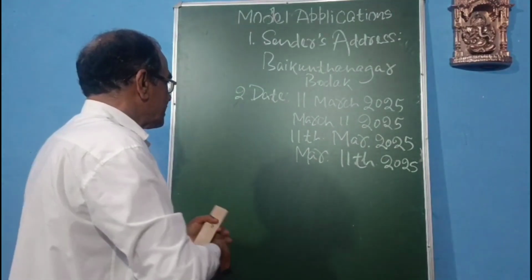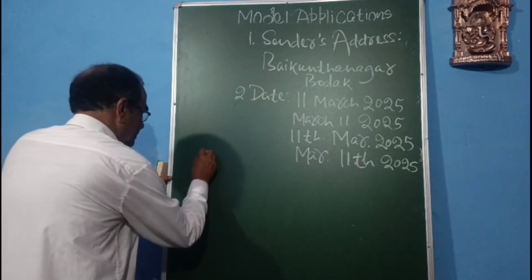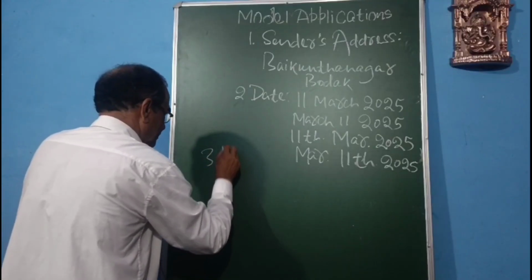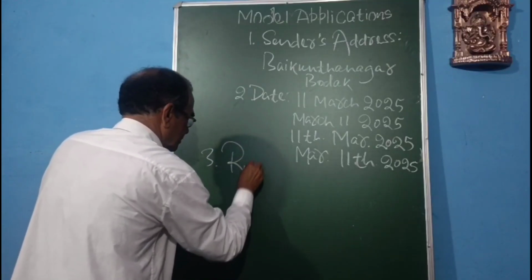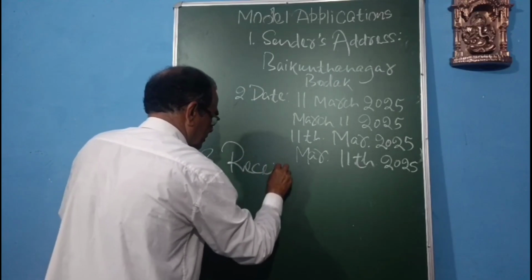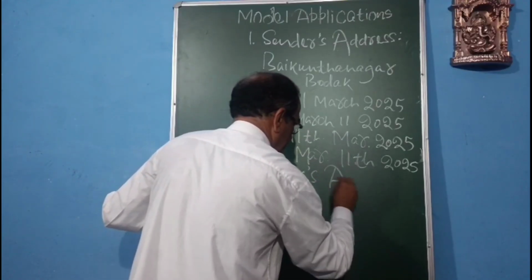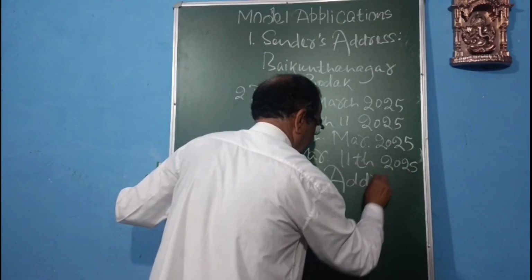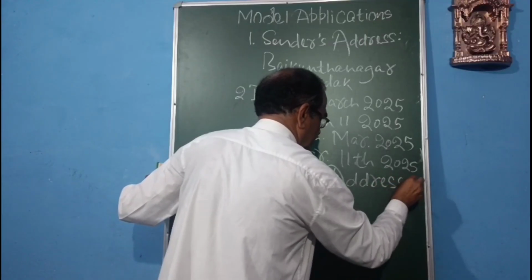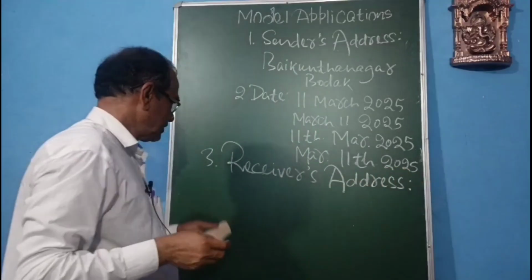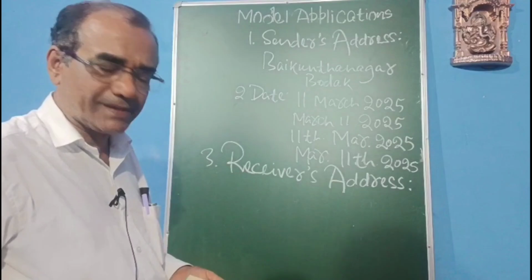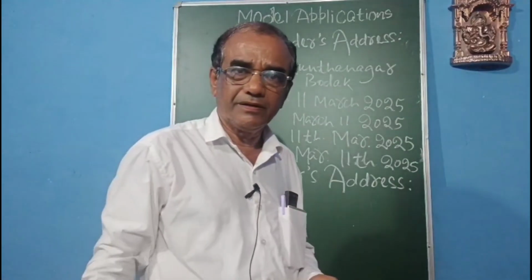After that comes the third one, the receiver's address. The person who receives something is called the receiver.